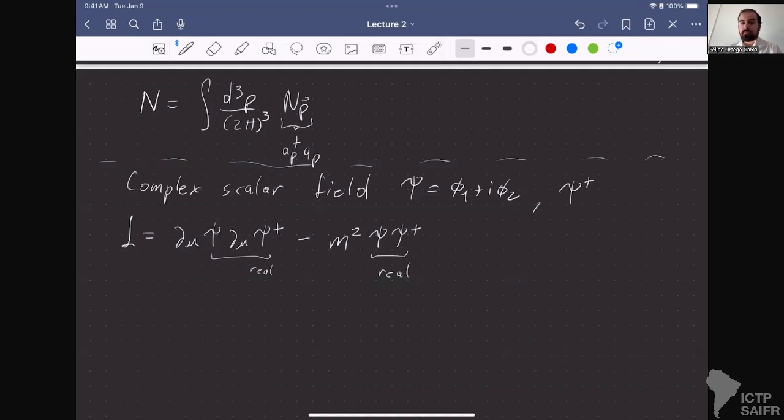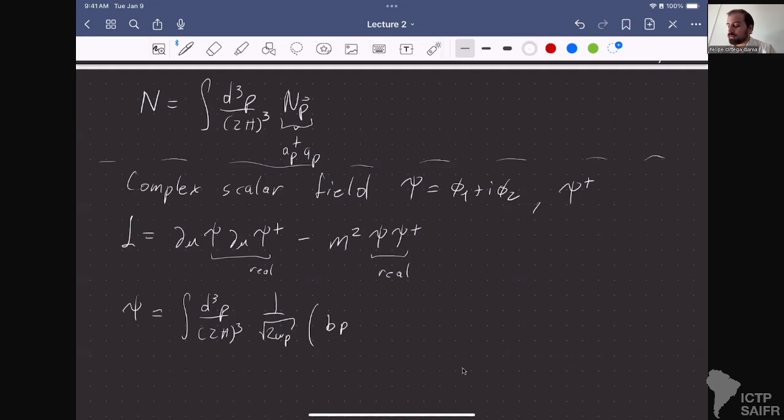And in this case, the way that you will quantize the field is the raising and lowering operators don't have to be complex conjugate of each other, right? Something that we had before was square root of 2 omega p.